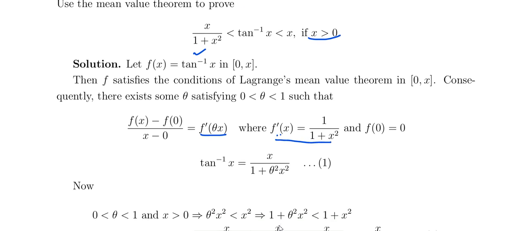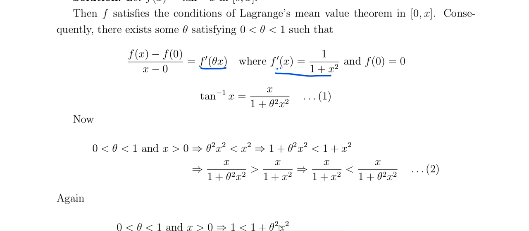Given that theta lies between 0 and 1 and x greater than 0, theta square x square is less than x square.